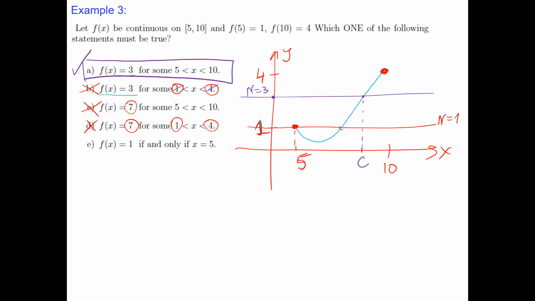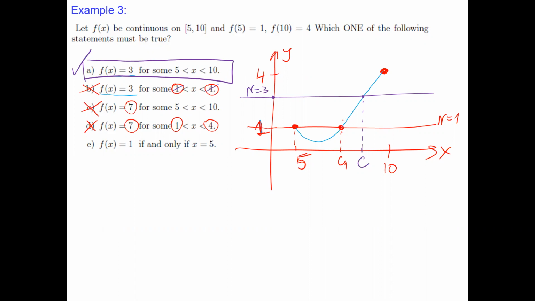But you may notice we also have another intersection, let's say c sub 1. That means not only does the horizontal line f of x equals 1 intersect the curve at x equals 5, we may have other values, and we may even have more.